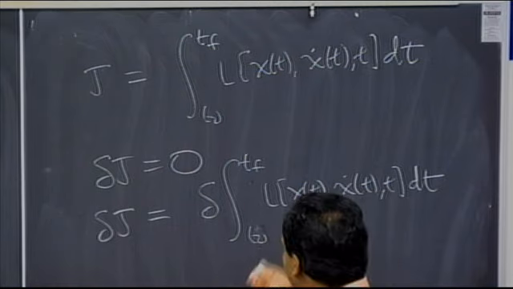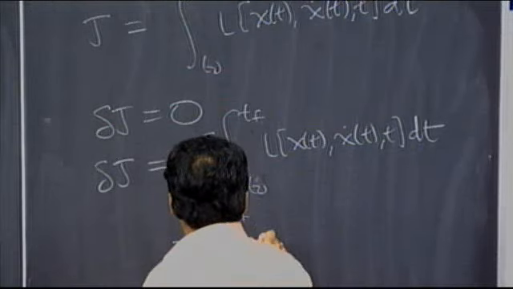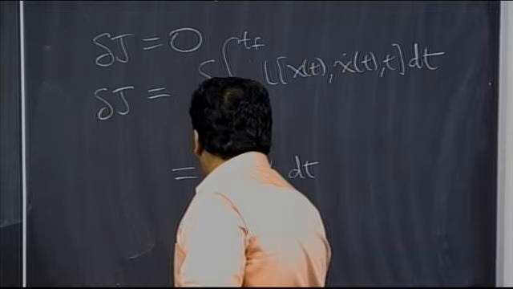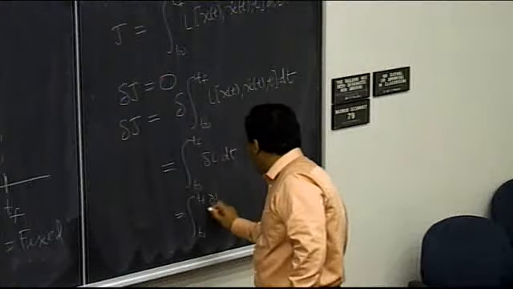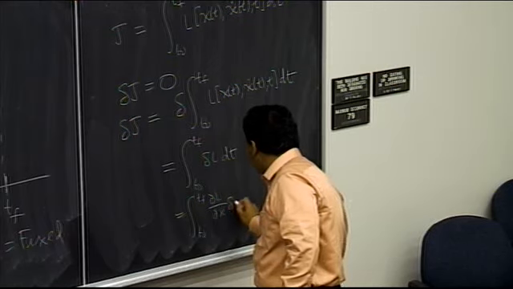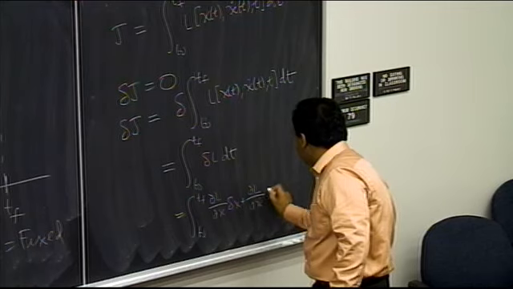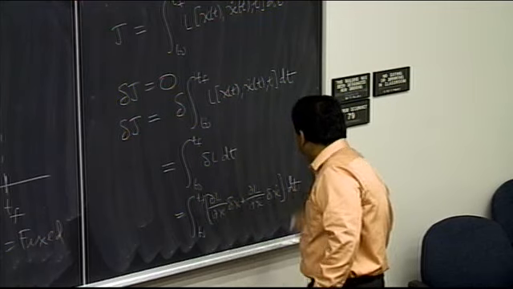This gives me the integral from t0 to tf of the variation in L dt, which we know is the integral from t0 to tf of the partial of L with respect to x times the variation in x, plus the partial of L with respect to x dot times the variation in x dot, and then this whole thing is integrated over time.